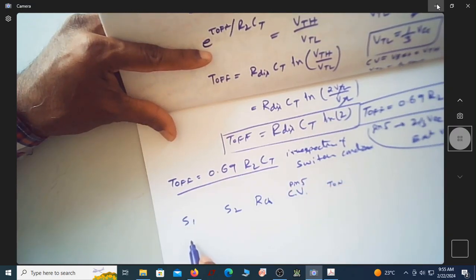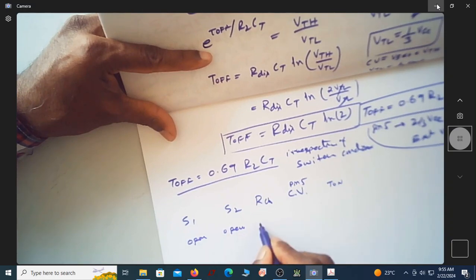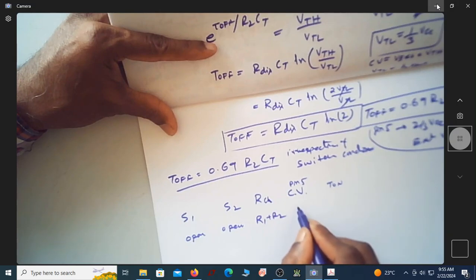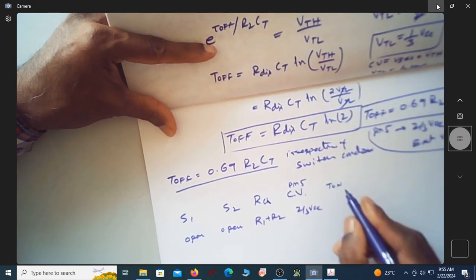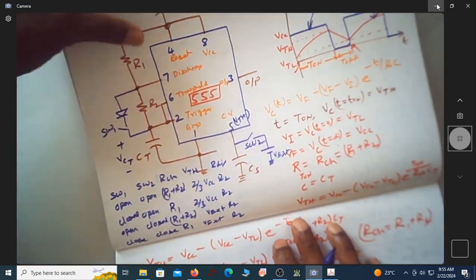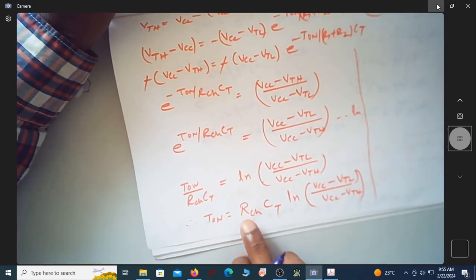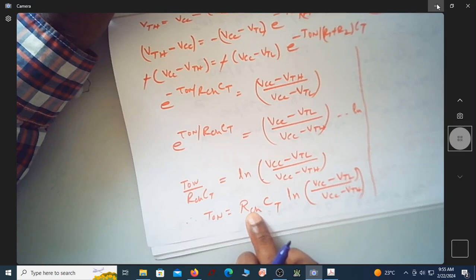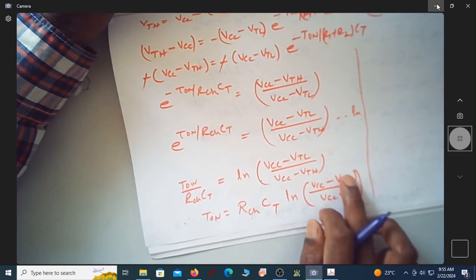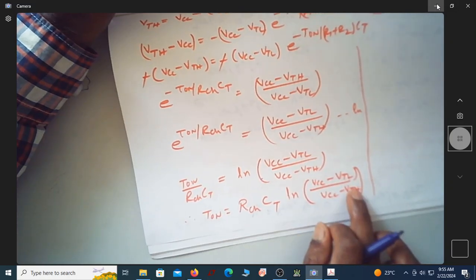So if it is open, is it R1 plus R2? Is it 2/3 VCC? So what is the expression? I have this general expression. This is R1 plus R2 into CT ln of VCC minus 2/3 VCC over VCC minus 1/3 VCC.